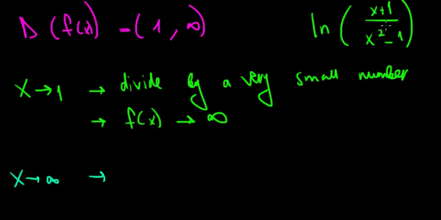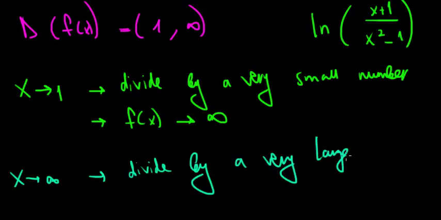Well, we would divide by a very, very large number. So the whole division over here would be a decimal, right? If we divide, for instance, 1 by 1000, that's 0.001. Well, the same here. If we divide any number by a very large number, we would get a very small number in return.